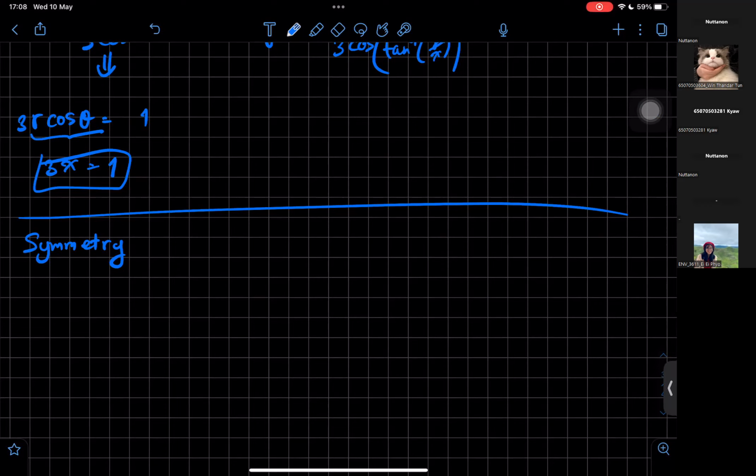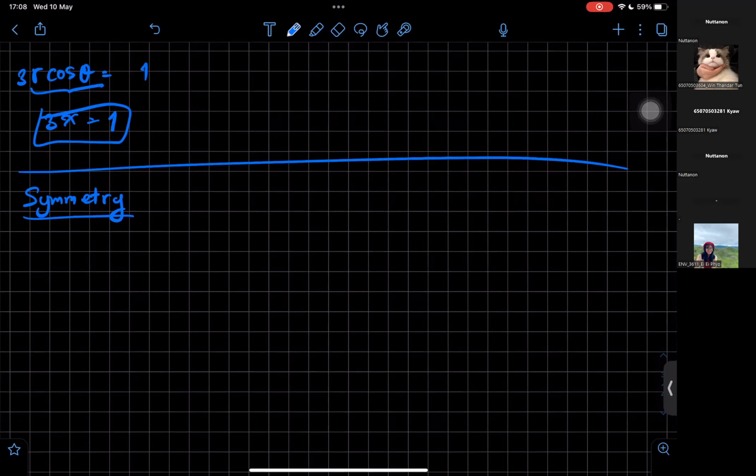This is the symmetry already, but polar also has symmetry, in a different way. They have 3 symmetries. One is symmetric about the pole.